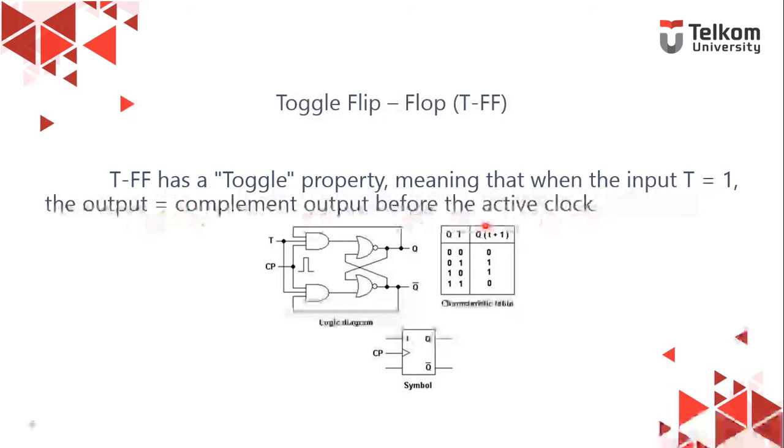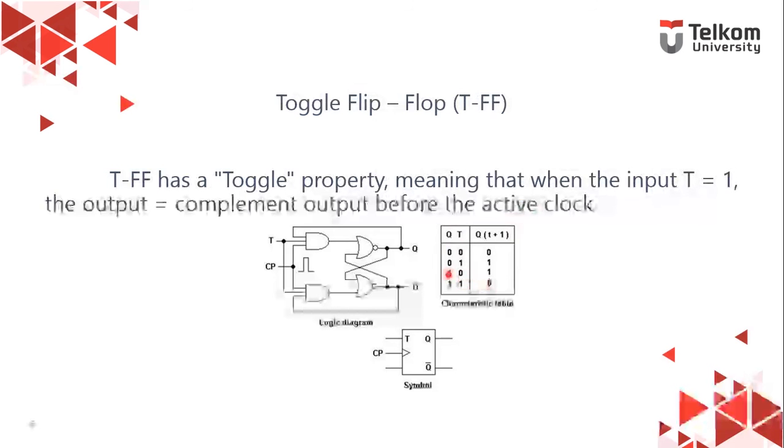The output before the active clock is Q, and T is equal to 1. So when T is 1 and the output before the active clock is 0, that means complement. So there will be a 1 as the output of the toggle flip-flop.